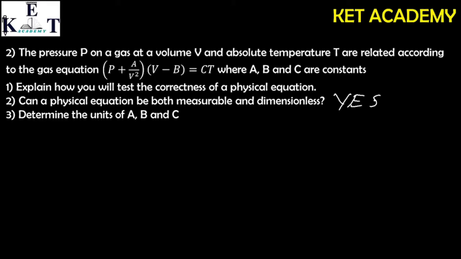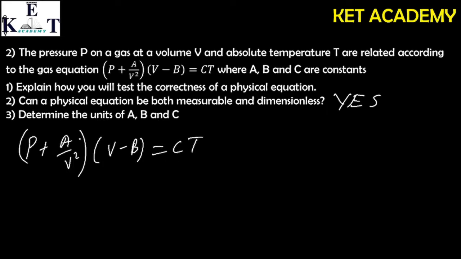In the equation P + A/V² times V − B equals CT, the unit of V should be equal to the unit of B, because V − B can be written as V plus minus B, meaning that they are still additive terms.